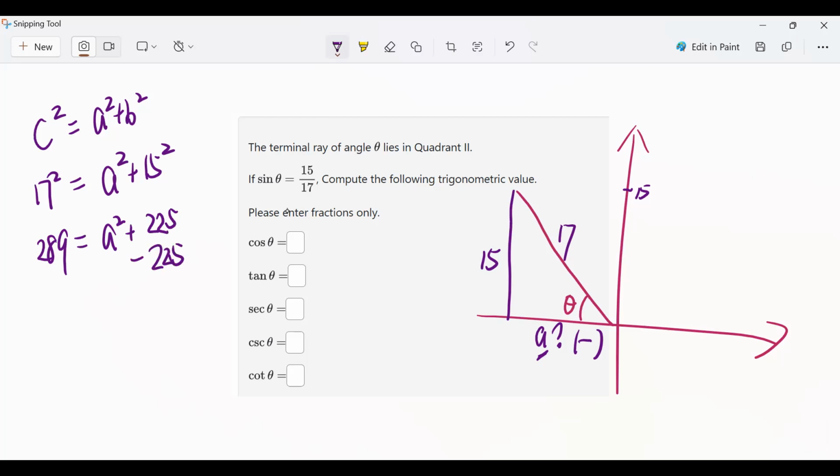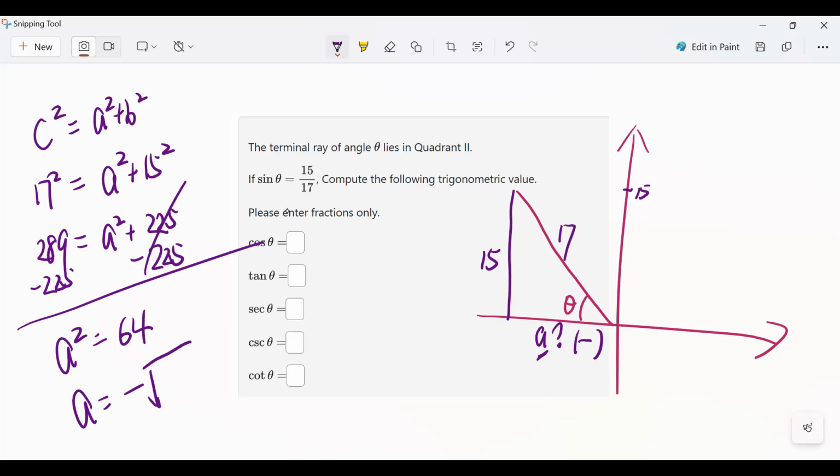Subtract 225 from both sides of the equation. A squared equals 64. The A must be minus, so because it must be negative, it's negative 8. A is negative 8. So this is negative 8. In the second quadrant, the x value is negative and the y value is positive. Right, that's good. This is positive.